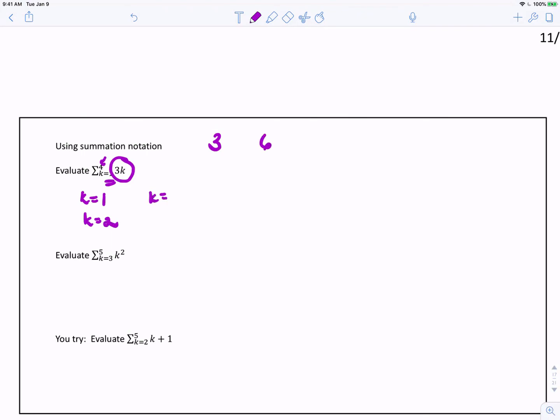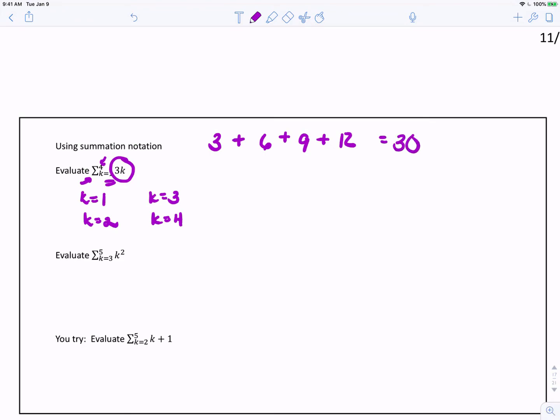When k equals 3, we're going to get 9. When k equals 4, we're going to get 12. This symbol means we should add them up, and the reason we stopped was because our upper limit of summation said stop when you substituted 4 in for k. And so we would add these up, and we would get 30.